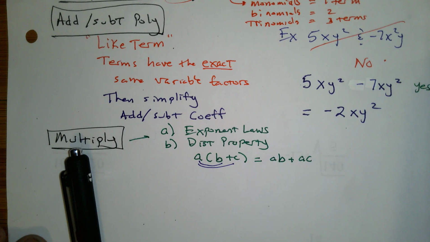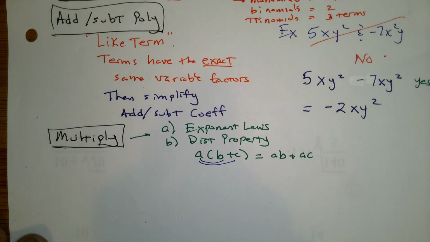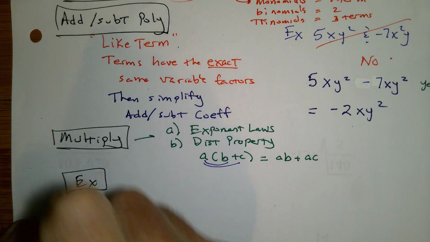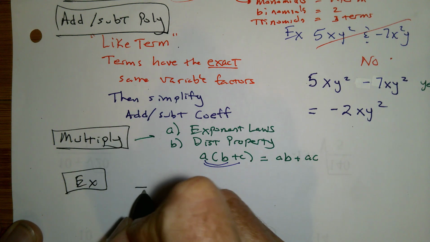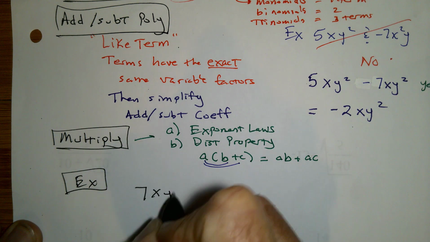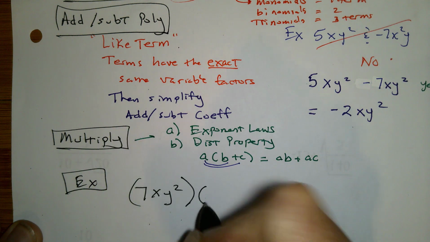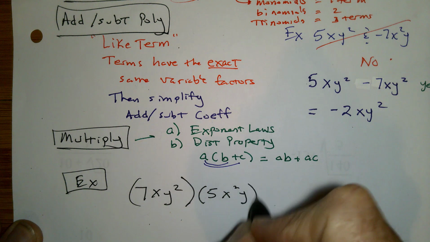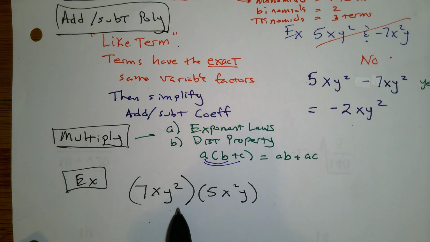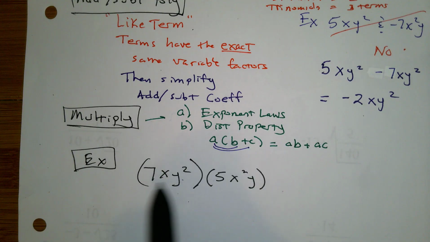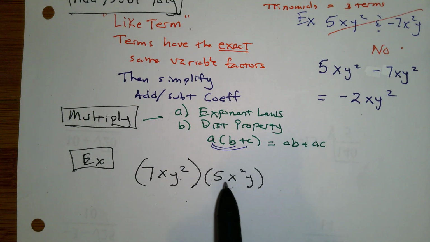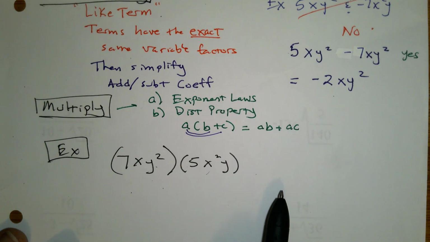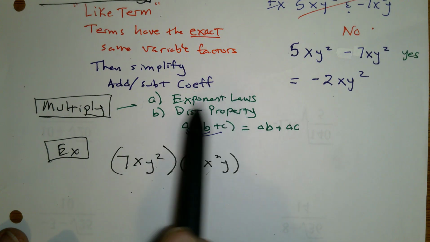Okay, so we're going to be talking about multiplying here for a second. Just to throw down a few examples, we might have 7xy squared times 5x squared y. So this is a monomial. It's a one-term expression times another one-term expression, and it's all multiplication. These are the easiest kind because it's 100% exponent laws.